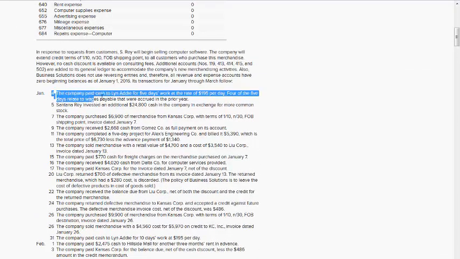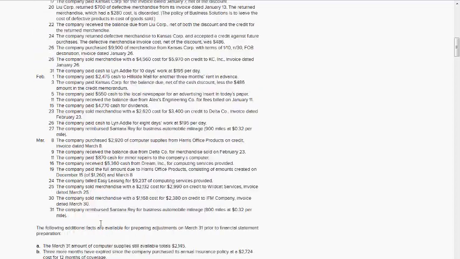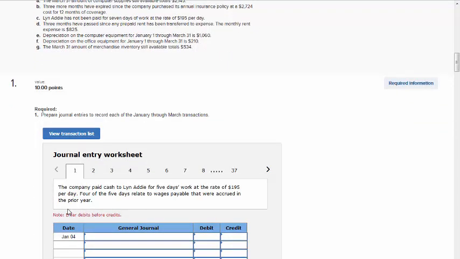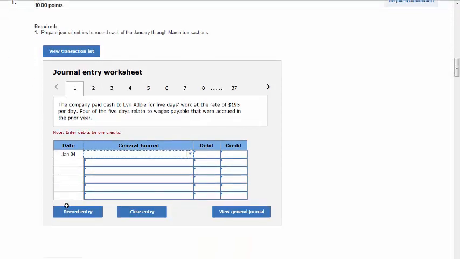So it's January 4th. This information is actually included, to make it a little bit easier for you when you're recording your entries. So we'll do the first one together. The company paid cash to Lynn Addy for 5 days' work at the rate of $195 per day. 4 of the 5 days relate to wages payable that were accrued in the prior year.